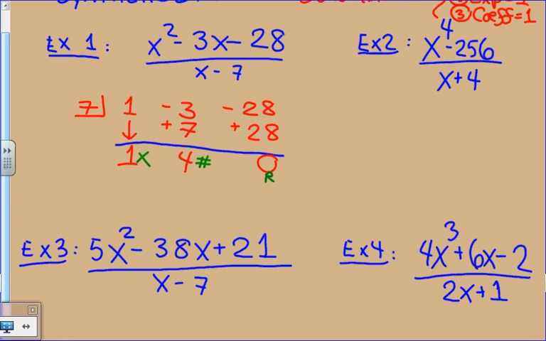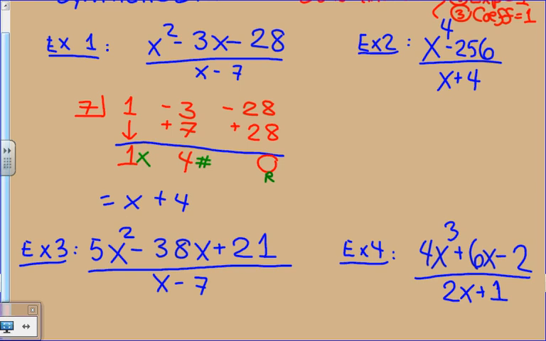So what this means is that the trinomial up here, x squared minus 2x minus 28, divided by x minus 7 is going to be equal to 1x and then positive 4. 1x plus 4.